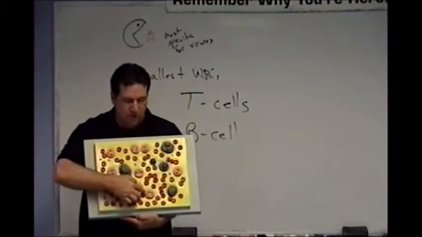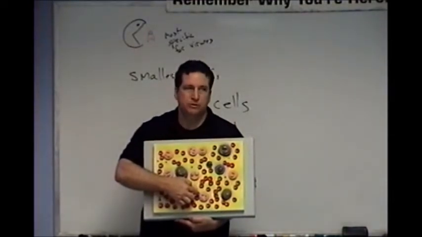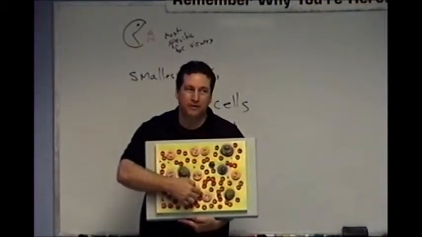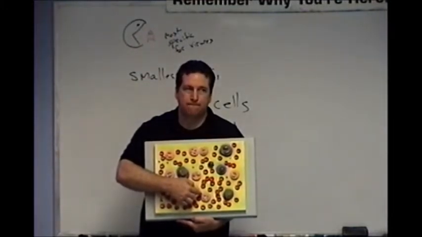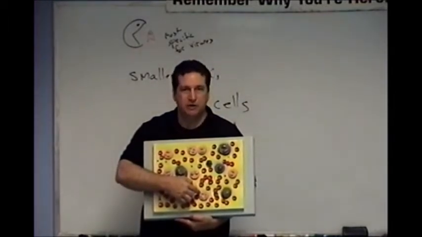So if you might see one of these, what type of cell do you think this would be? Which one though? Which is the most common? The neutrophil. The neutrophil is the most common cell, right? The most common white blood cell.